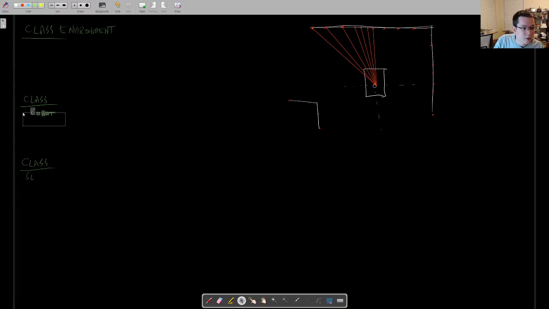Class environment, class robot, class sensor, and that will be a parent class to class LiDAR, which inherits from sensor.